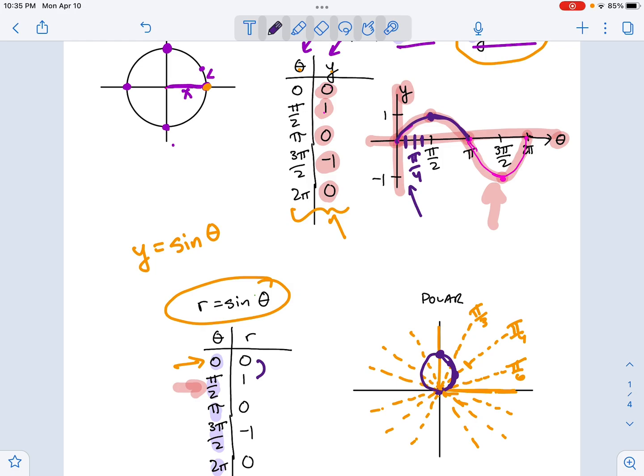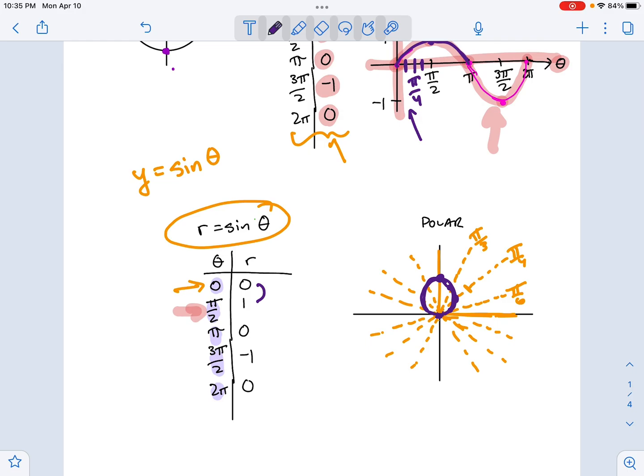So it's going to look something like that. That's not a very clean plot, but if you did it on a real graphing calculator, it would look like a circle. That brings us all the way down to pi, so we've checked this one off, and this one off.